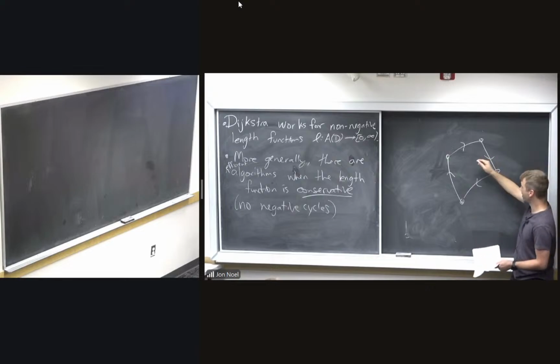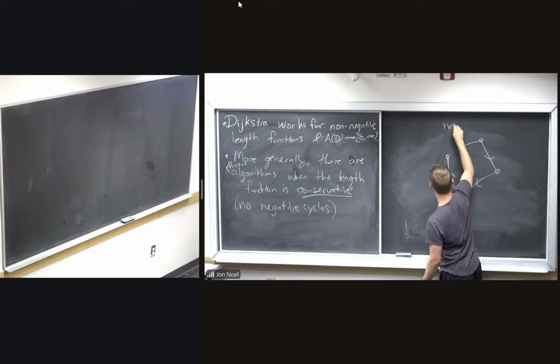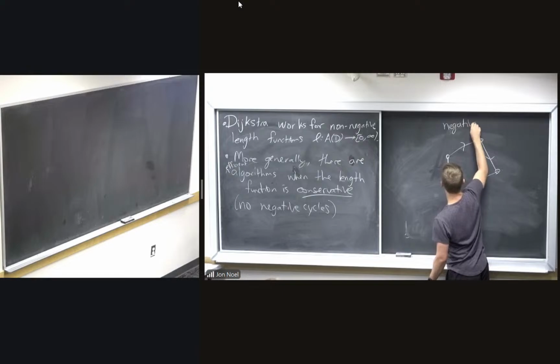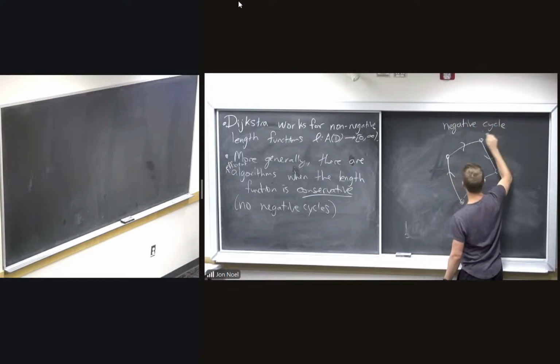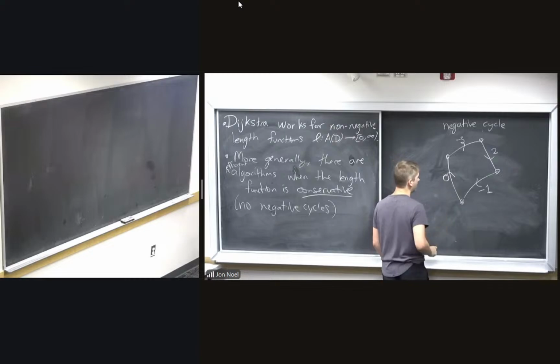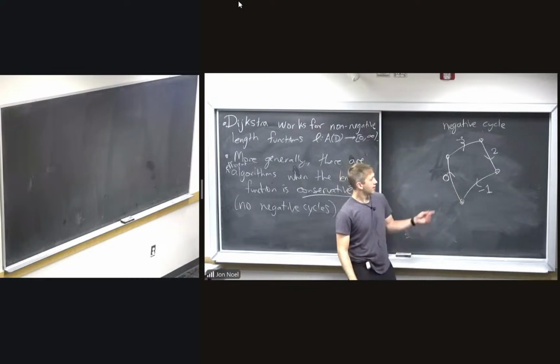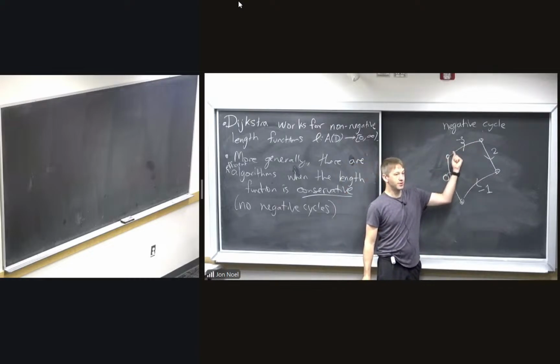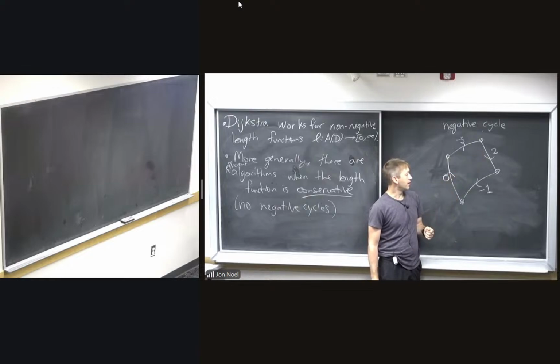For example, if I've got -3 on that arc, 2 on that arc, -1 here, and 0 on that arc, then if you go around and sum up all the lengths, you get -2.